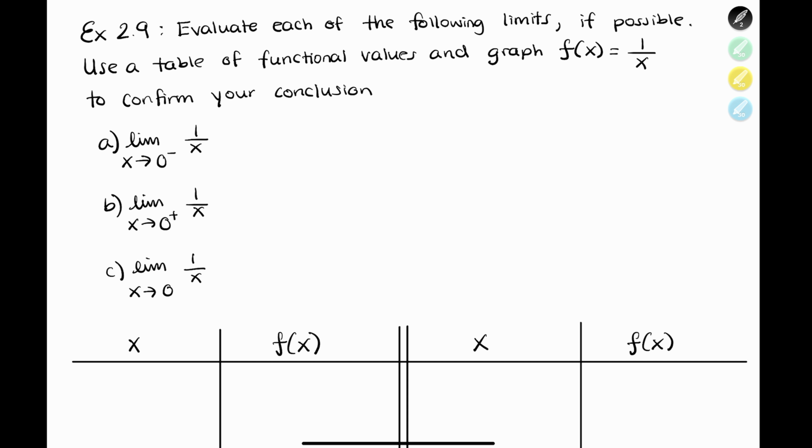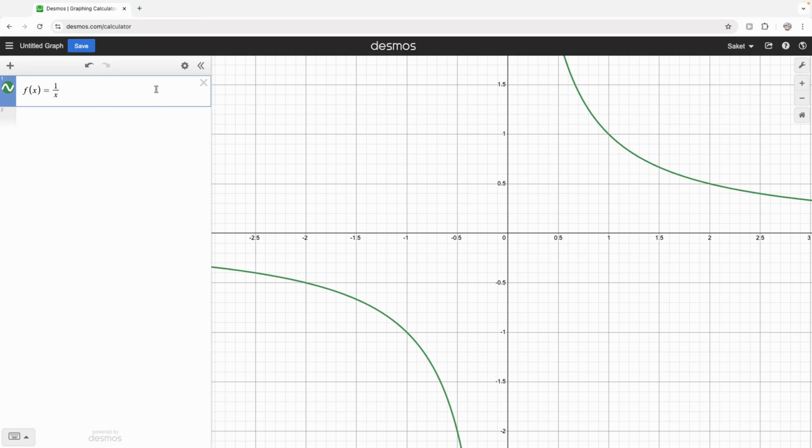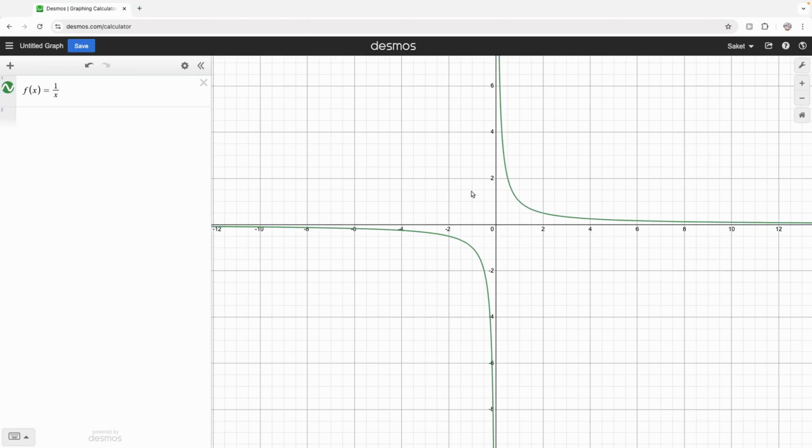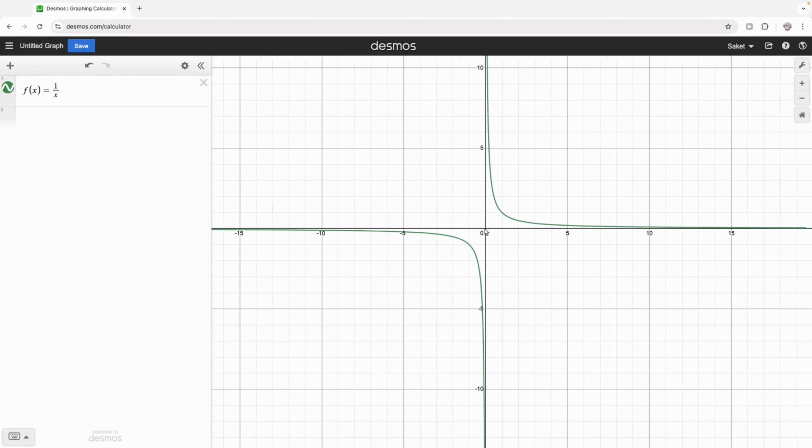So now let's go back to Desmos and graph f of x is equal to 1 over x. And we can see, zooming out over here, that at x is equal to 0, there's actually no point defined.